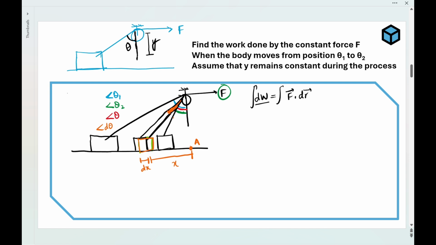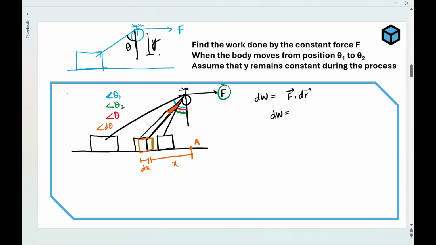This is a small change, so for now we will just write dW, then we will integrate the whole part.